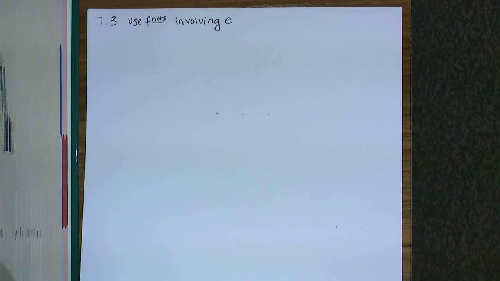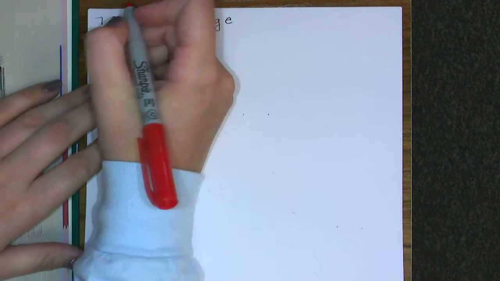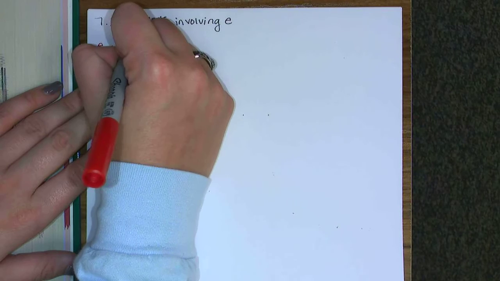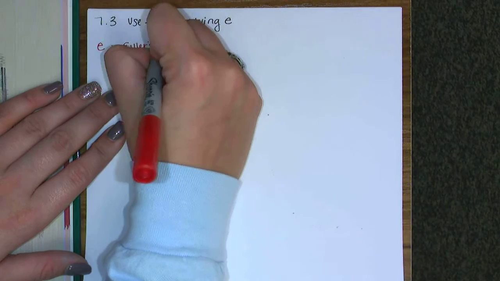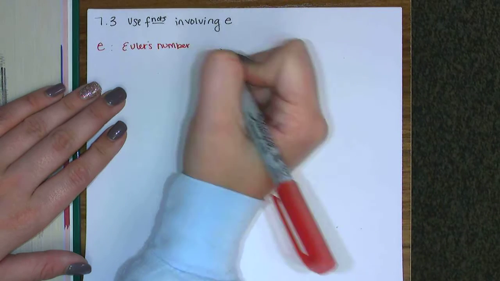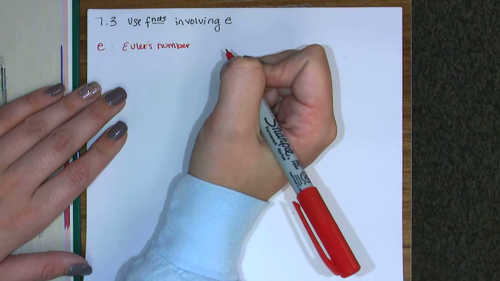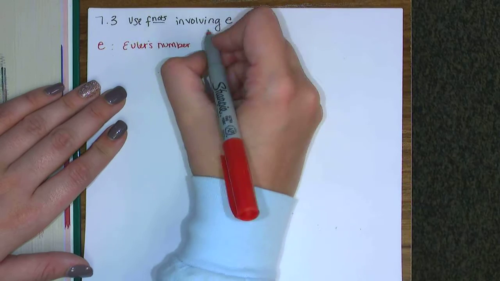So just some information: e is Euler's number, and we call it the natural base e.